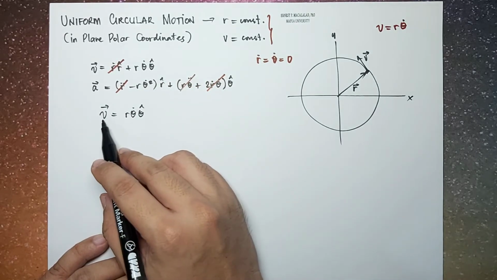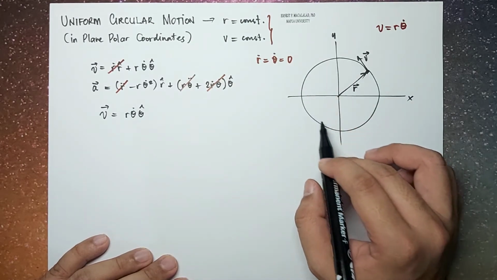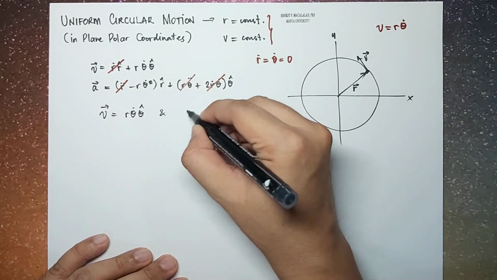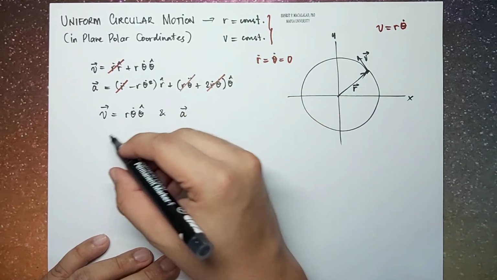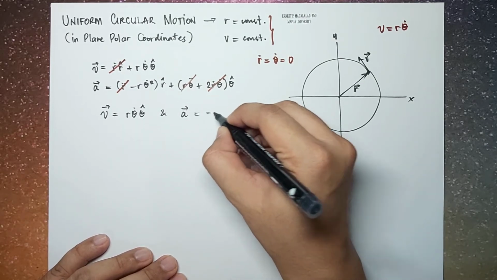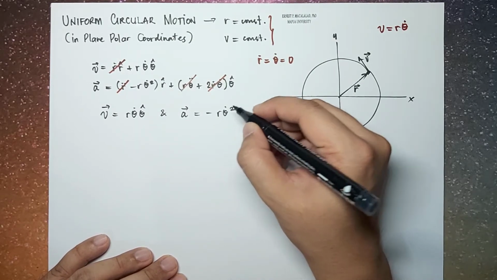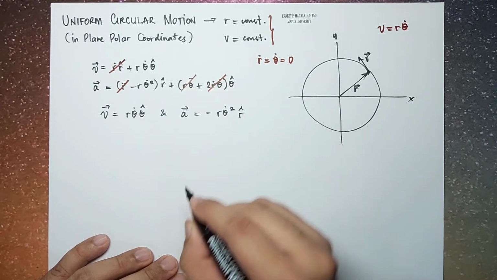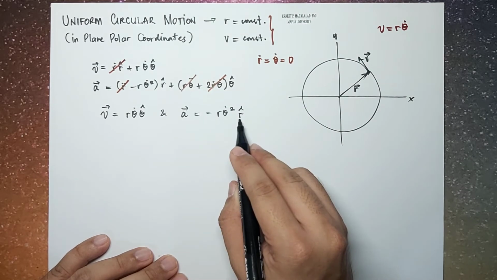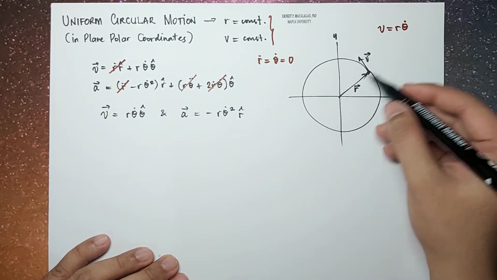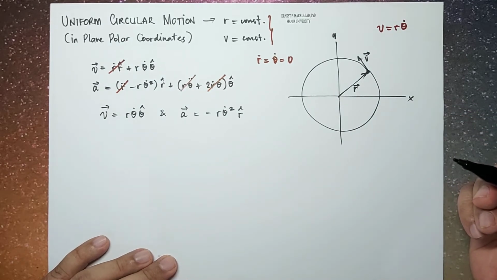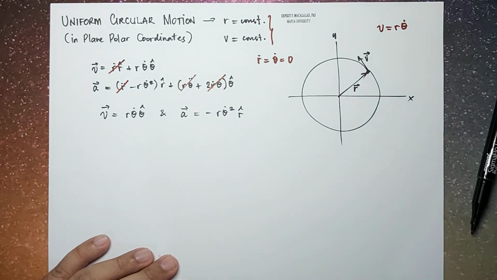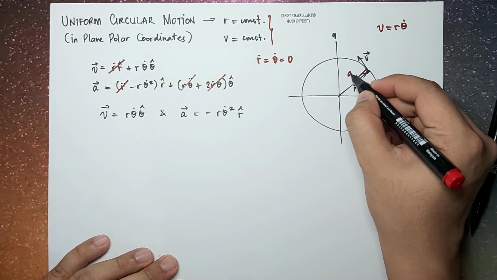That means the velocity is always transverse; there's no radial component. And the acceleration is always in the radial component: negative r theta dot squared r hat. So a is always along negative r hat, which means it always points toward the center, and velocity is always perpendicular, as we already know.